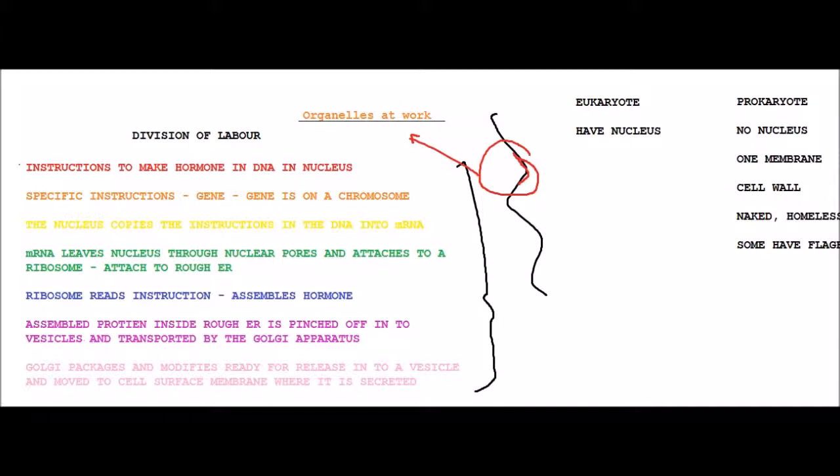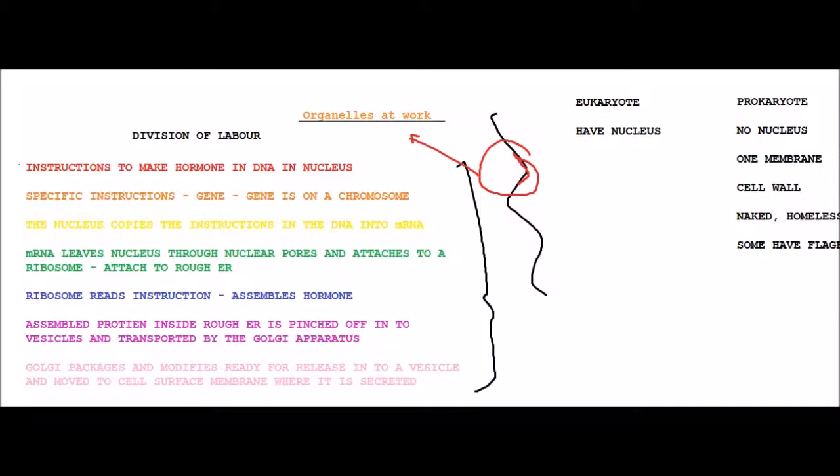The assembled protein, or the hormone, inside the rough ER is pinched off into a vesicle and transported by the Golgi apparatus. And then the Golgi packages and modifies, ready for release into the vesicle, and that moves to the cell surface membrane where it is secreted.